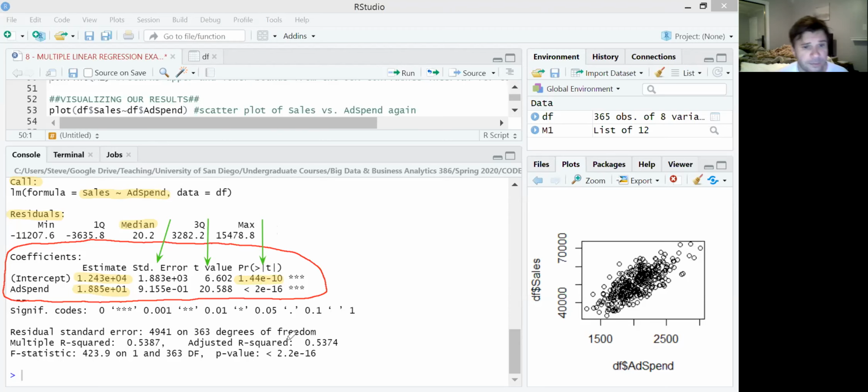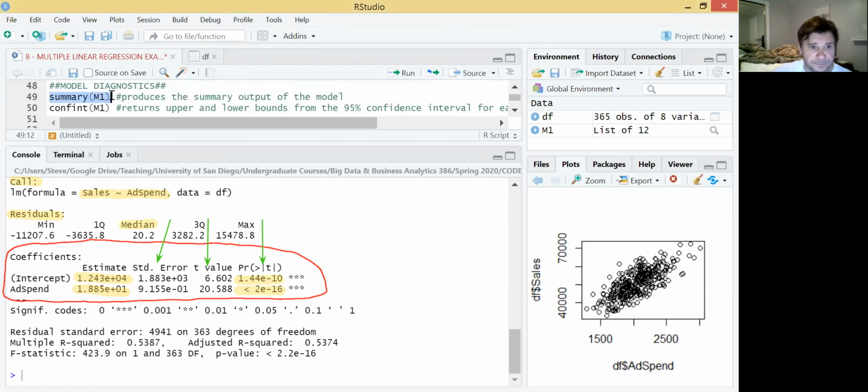So that's like a decimal point, you got 9 zeros, and then you get some digits. And we have also a very significant beta 1 coefficient, or slope coefficient, in the model, which is giving us a p-value, again, close to 0, 2 times 10 to the negative 16th. And that was from running the summary function.